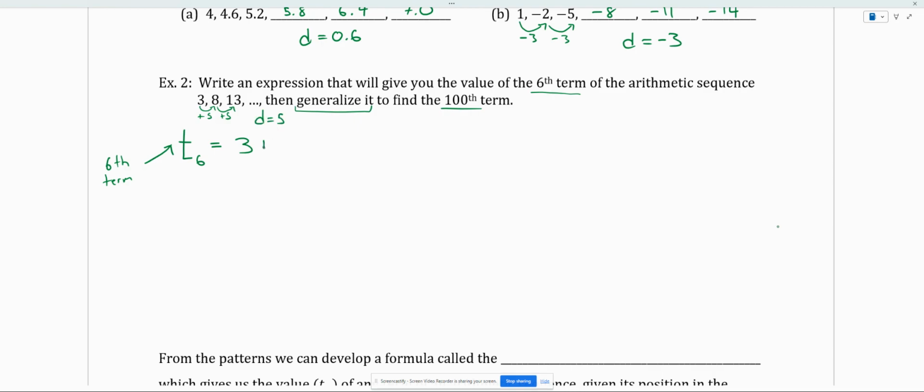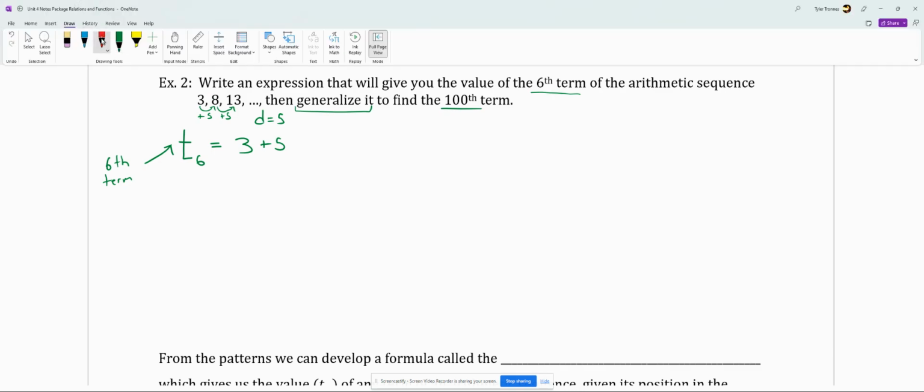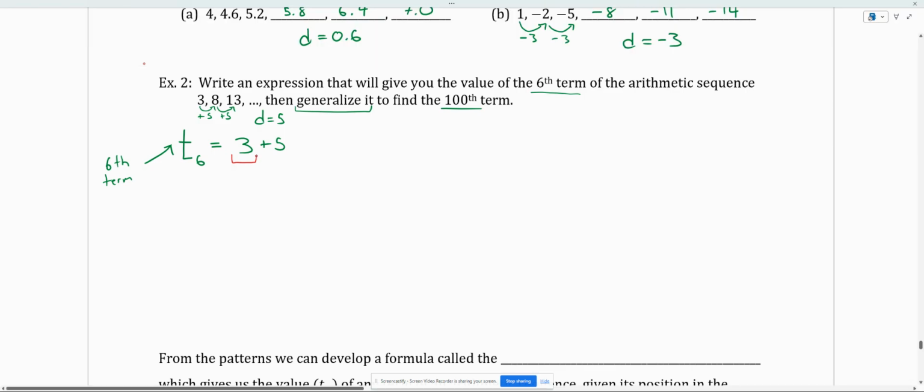So we're going to take 3 and we're going to add 5. Okay. And so what we want to look at here is that right here, that's our first term.